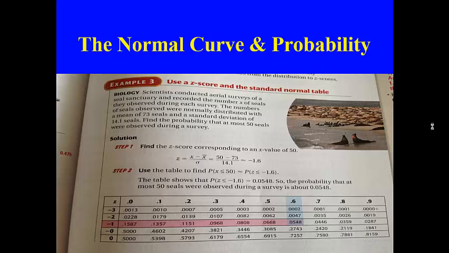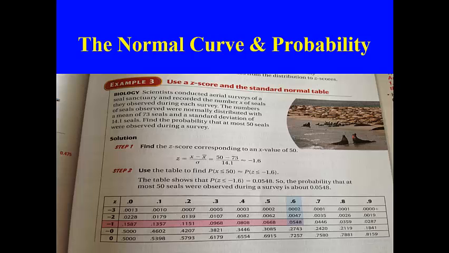Scientists conducted aerial surveys of a seal sanctuary and recorded the number X of seals they observed during each survey. The numbers of seals observed were normally distributed with a mean of 73 seals, so the mean, x bar, equals 73, and the standard deviation, lowercase sigma, is equal to 14.1 seals. Find the probability that at most 50 seals were observed during a survey.